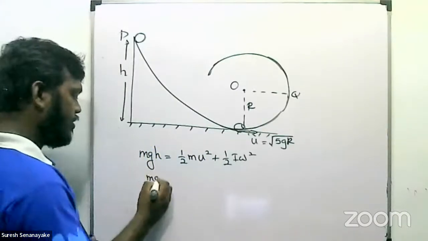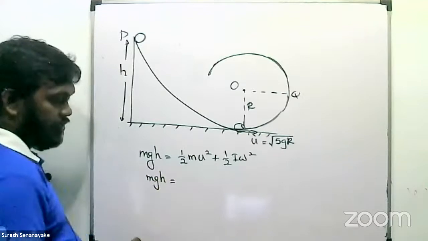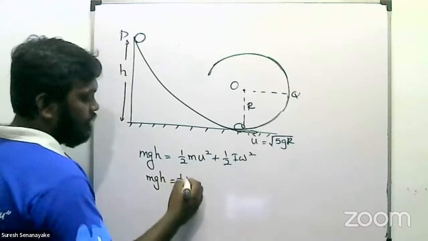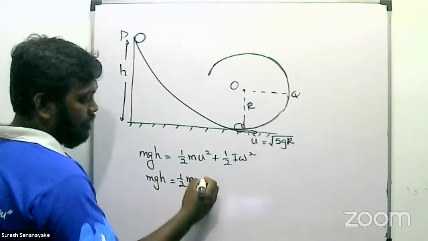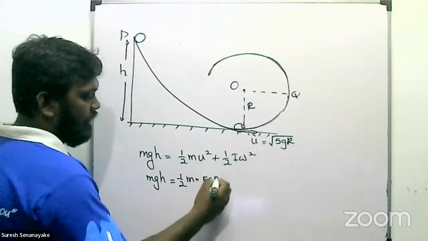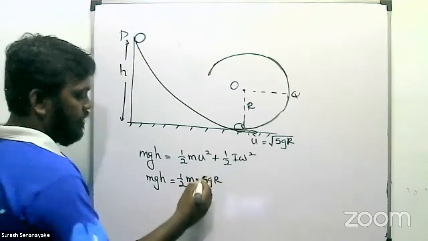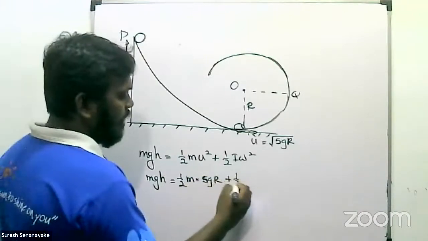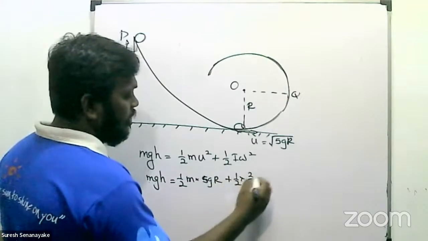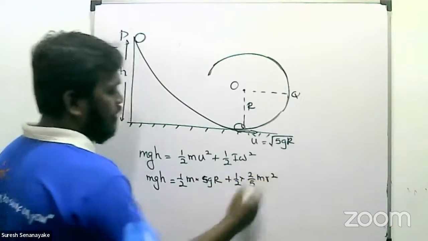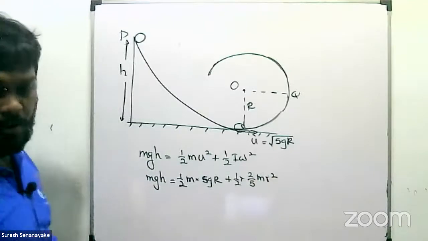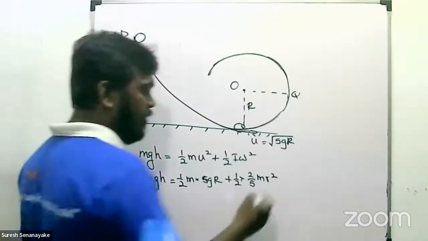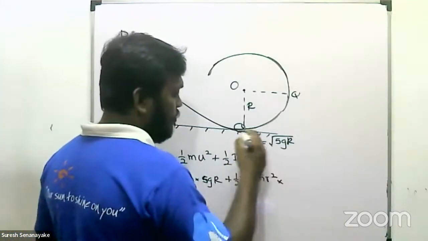This is a small solid sphere, that's the marble. The minimum velocity achieved, u square is 5gR, right? And I is 2/5 m r square, the moment of inertia of a solid sphere.